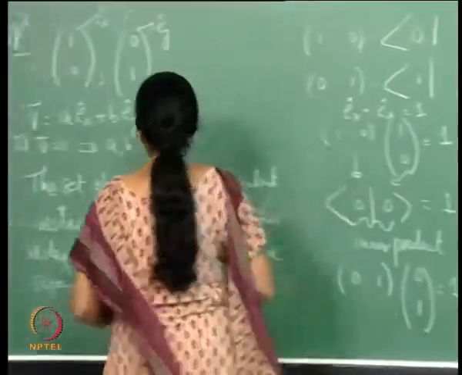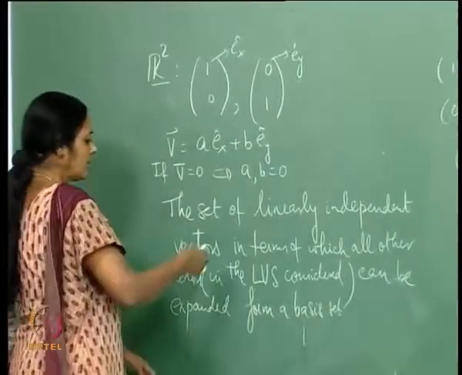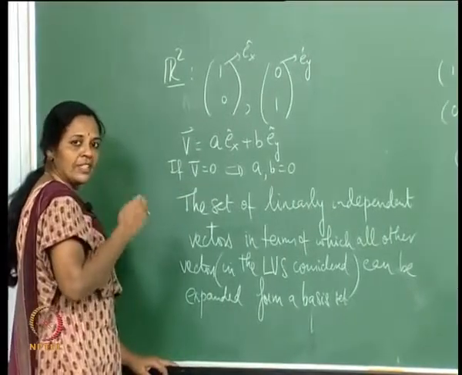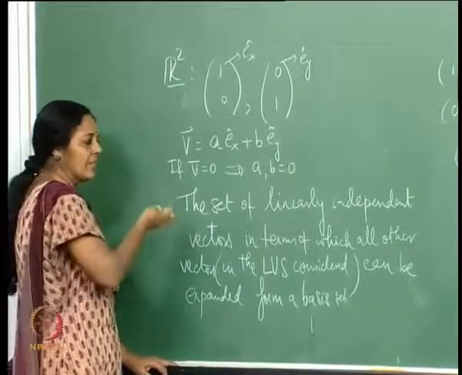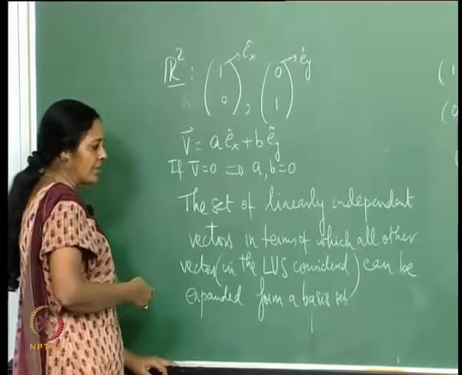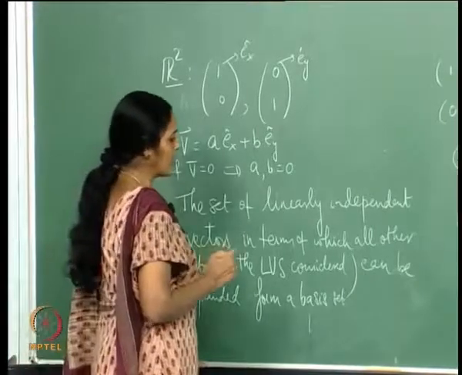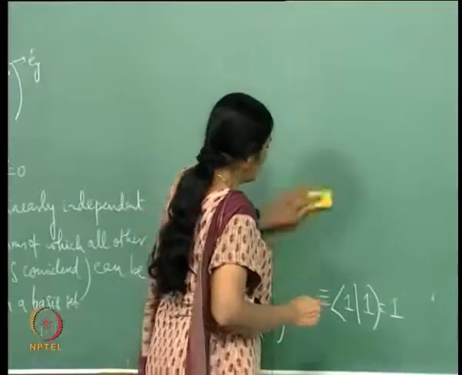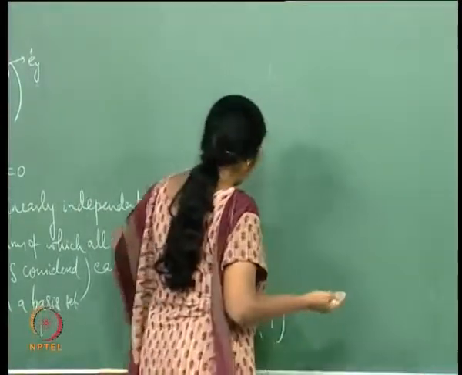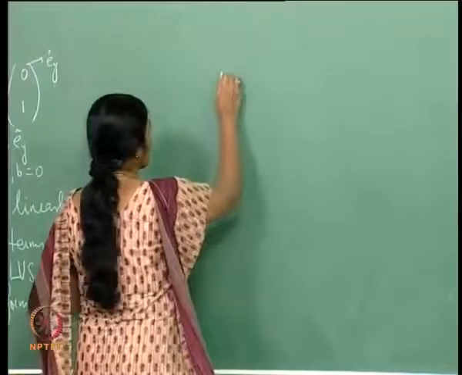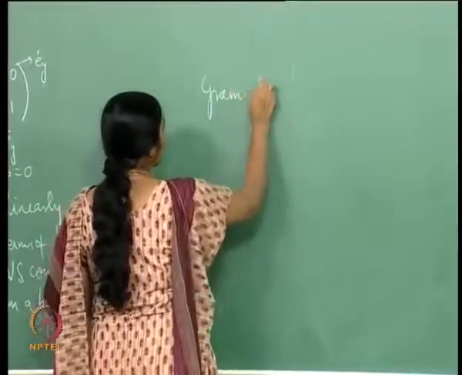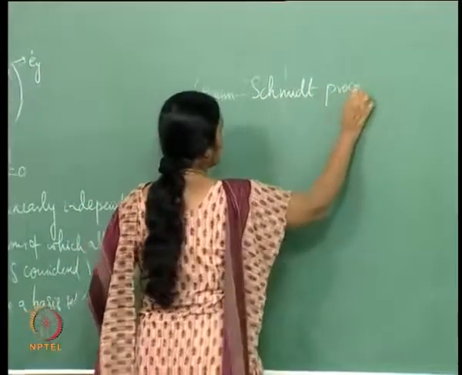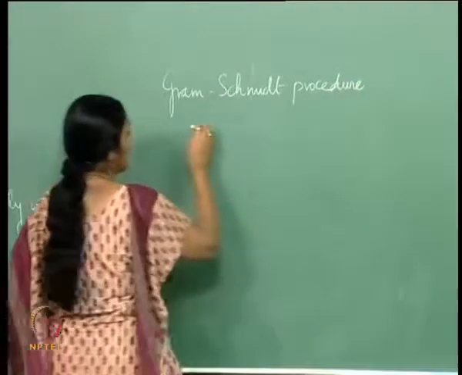Of course, to begin with, these vectors need not be orthonormal, they need not be normalized to unity and they need not be orthogonal to each other, but there is a prescription called the Gram-Schmidt procedure to make orthonormal vectors out of a set of basis vectors, and that can be used to produce a set of orthonormal basis vectors.